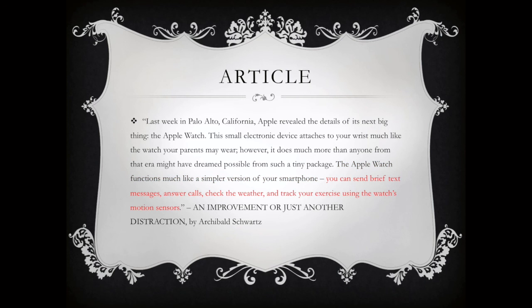It does all of these things that are listed here: text messages, calls, the weather, etc. Now, maybe any one of these things, text messages, calls, checking the weather, tracking your exercise with motion sensors, could be your significant idea, or any one of those could not be your significant idea.